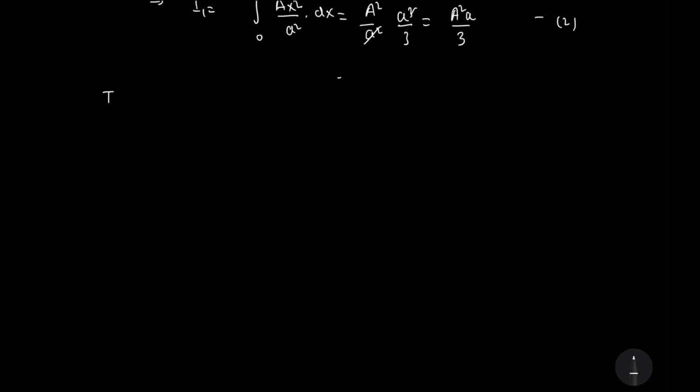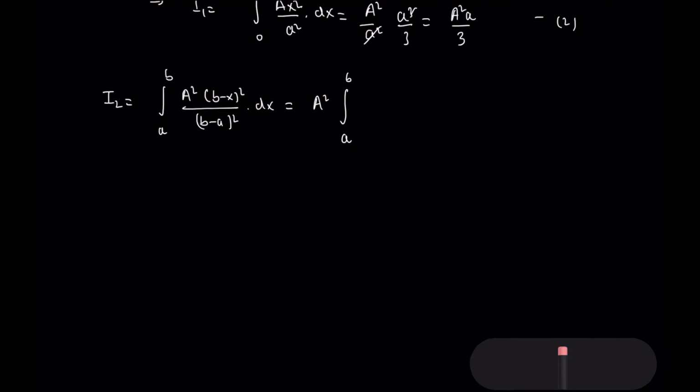Now let's solve for I2. My I2 is the integral from a to b of a squared (b minus x) whole squared upon (b minus a) whole squared dx. I can take my a squared out. I can also take (b minus a) squared out, but let's go with it.